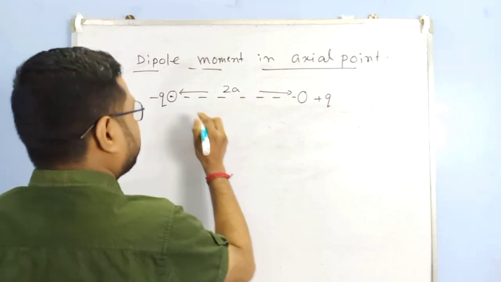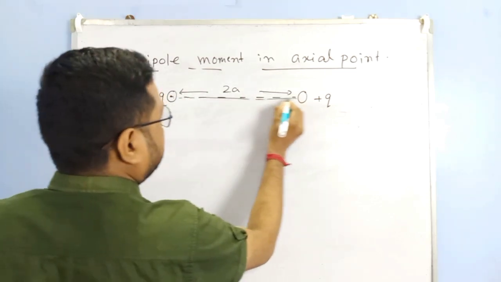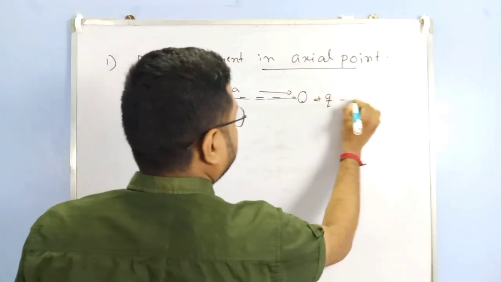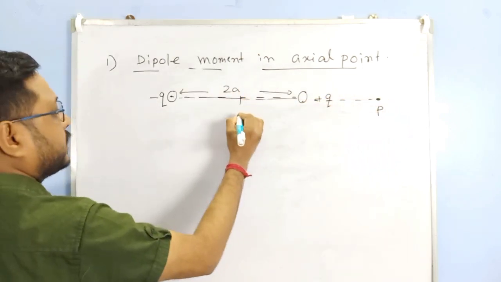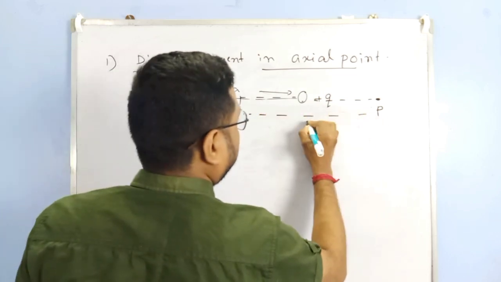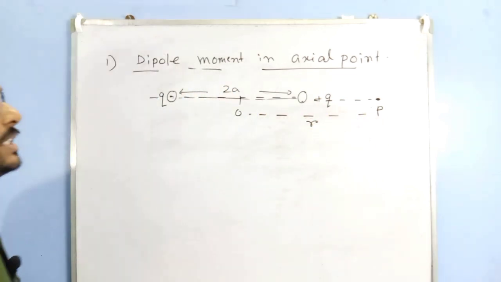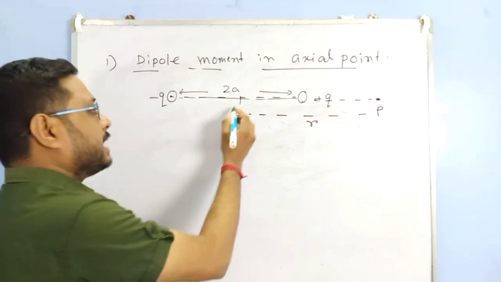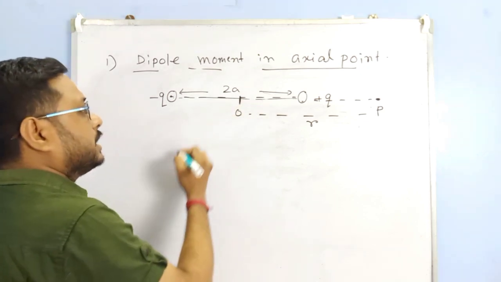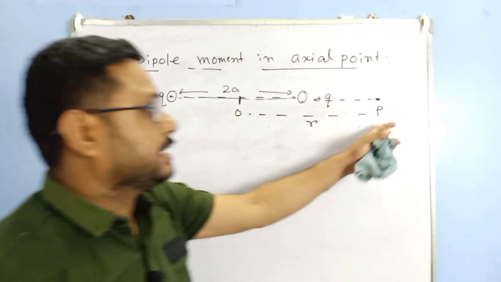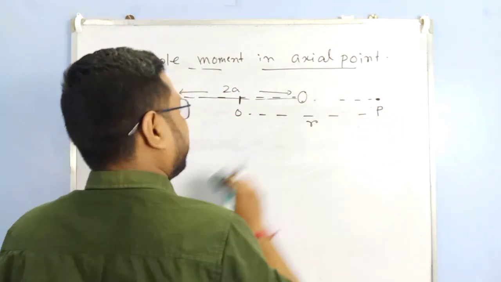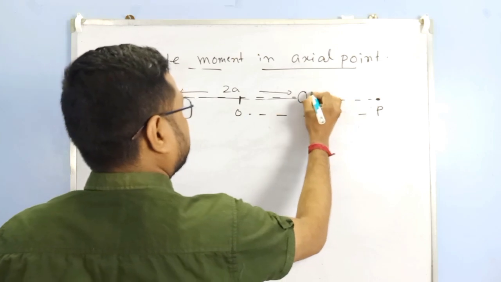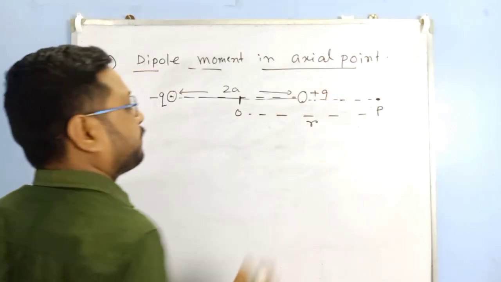Now axial point means, if this is the axis of the dipole, then if we take a point on the axis at some distance r from the center of the dipole, that is O, then the point P is called to be at the axial position, that is along the axis of the dipole, minus q plus q.